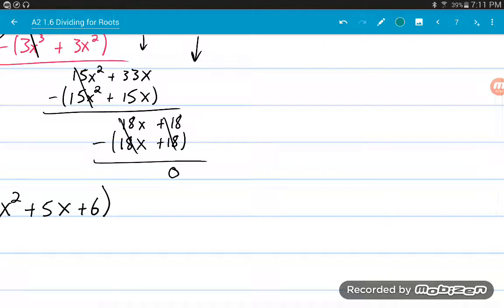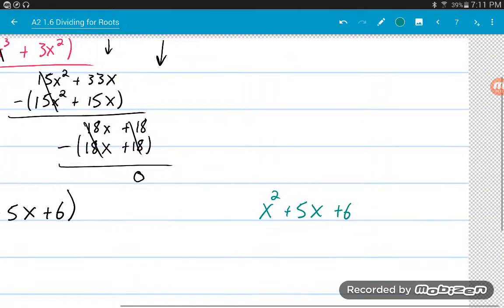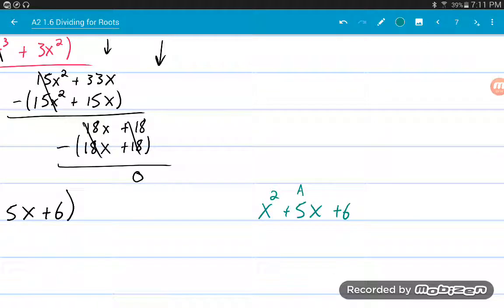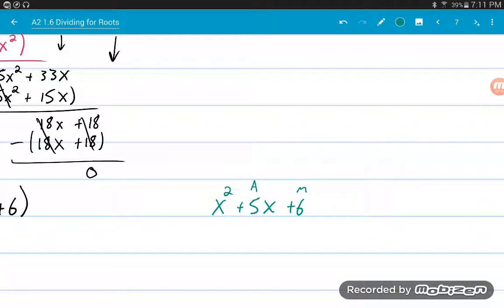So if I want to factor x squared plus 5x plus 6, I need to think about two numbers that will add to the 5 and multiply to 6. So in order to do that, I look at the factors of 6, the multiplication. The things that multiply to give me 6 are 6 times 1 and 2 times 3. Now which one of these will add to give me 5?